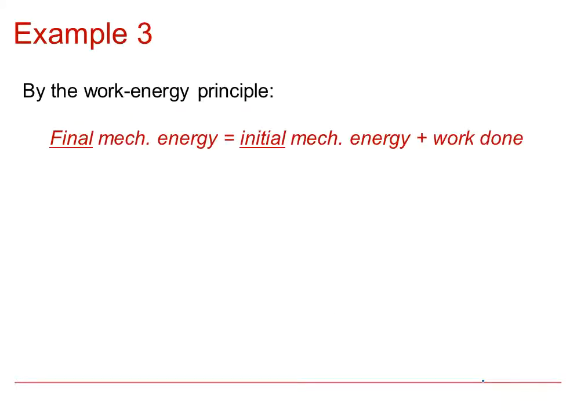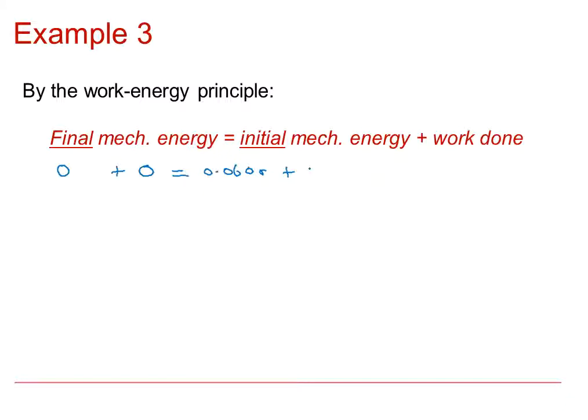Looking at the work energy principle, I'm going to use final mechanical energy equals initial mechanical energy plus work done. The final potential energy was my zero level at B. Final kinetic, it comes to rest, so there wasn't any. Initial potential, we've just worked out, is 0.060 times r.